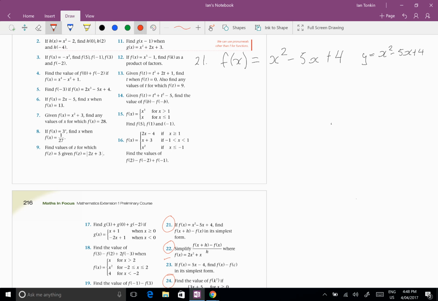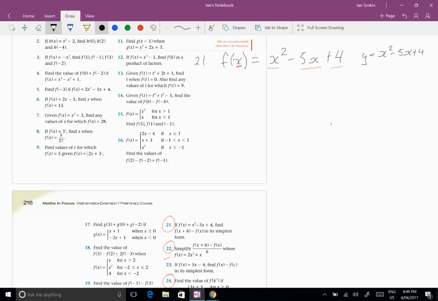And remember, the notation means that whatever you put in, this is what I'm going to do to x. Whatever you put in there, you're going to square it, subtract 5 times it and add 4. And you can put anything in there you want. You can put a value, or you can put a pronumeral or some other equation and put it in there, which is what we're going to do here.